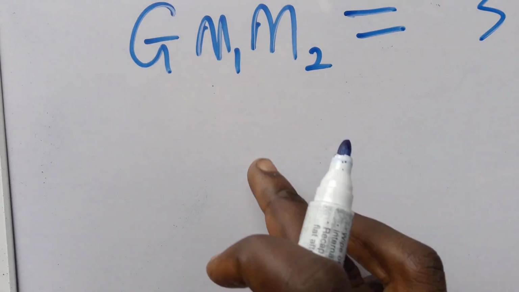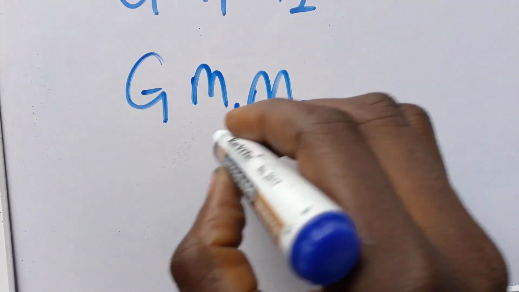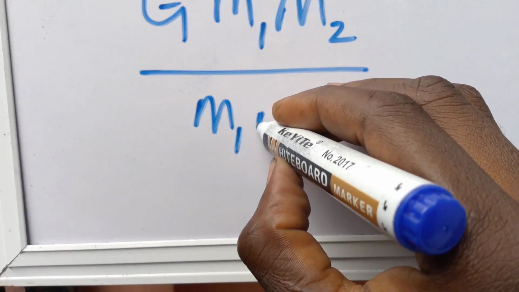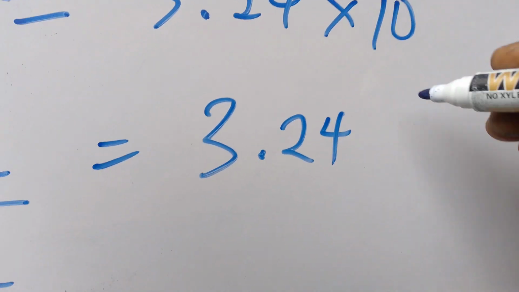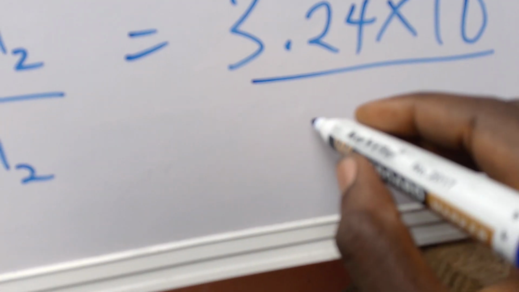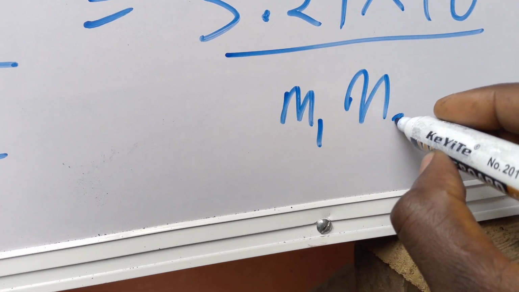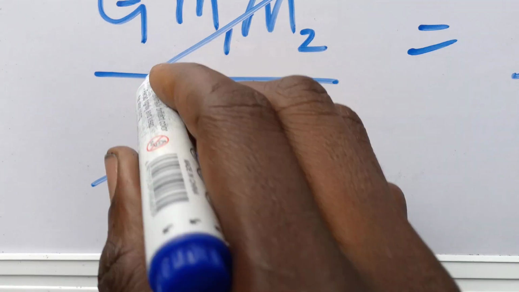And the value of G alone, if I divide by M1 M2, this is G M1 M2 divided by M1 M2 is equals to 3.24 times 10 raised to power minus 6 divided by M1 M2. Okay, so we eliminate this.